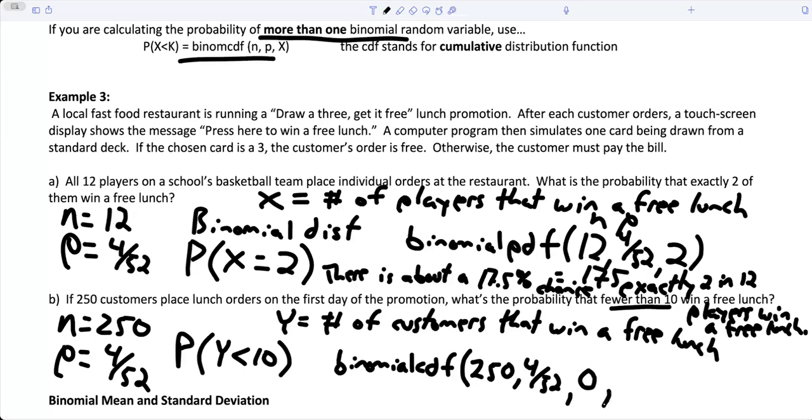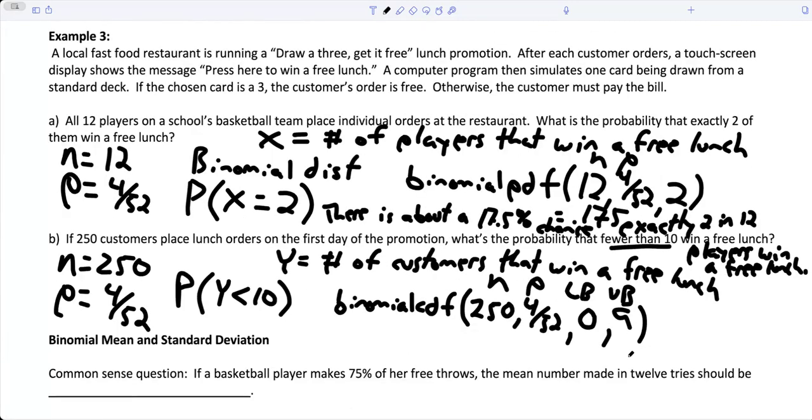And my upper bound is, careful, should be 9, right? Because it says fewer than 10. Probability that Y is less than 10. And label your CDF here. This is N, this is P, this is lower bound, this is upper bound. So take your calculator.